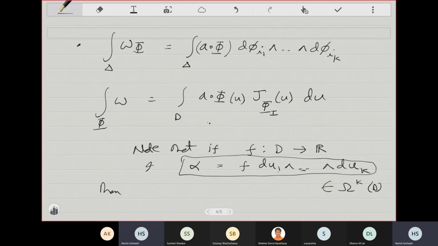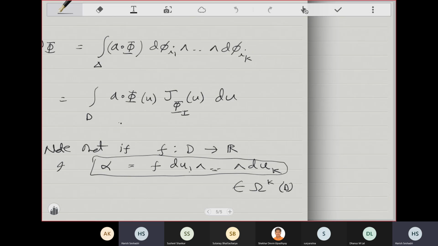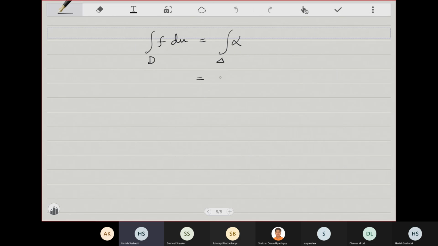So this is by definition alpha composed with delta over T. And then what would be the Jacobian in this case? Well, delta of U was by definition just the identity map. So the Jacobian would be 1. So that doesn't occur.